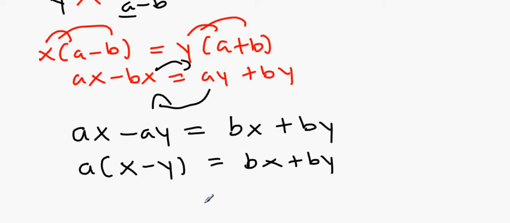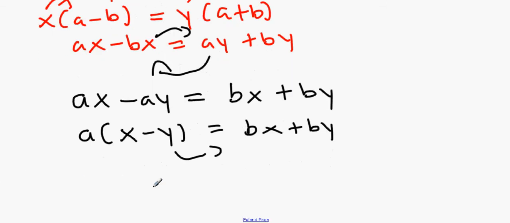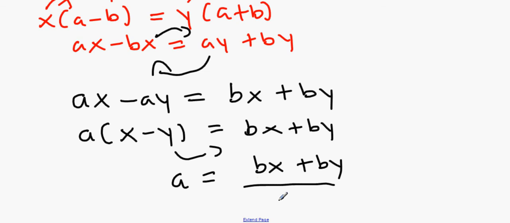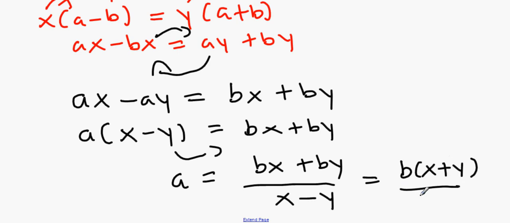Now, because we're multiplying a by x minus y, when we move x minus y over, it's going to go into division mode. So a equals bx plus by divided by x minus y. You could also write that by taking out b on top as b into x plus y over x minus y. Both answers are very much the same.